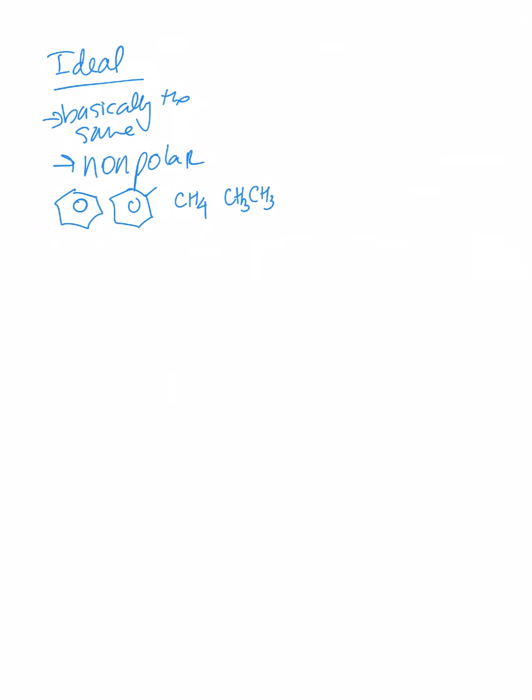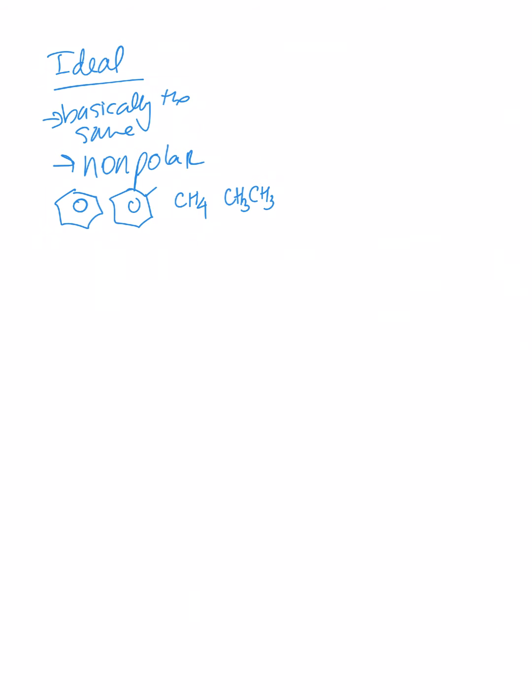If we look at our homework questions and our in-class problems that we worked through, there's a couple of examples where we would have solutions that would be pretty close to ideal.